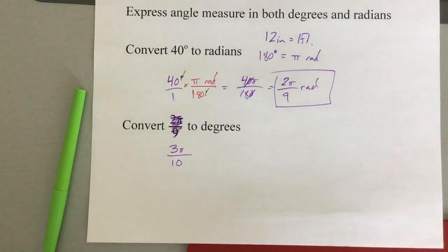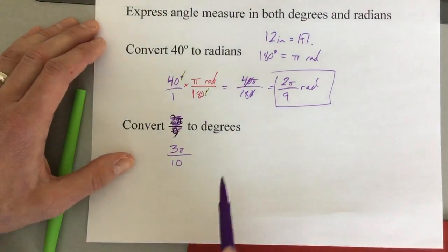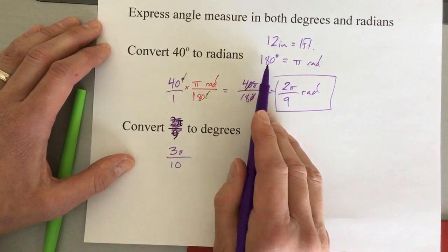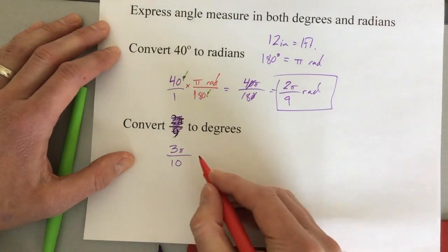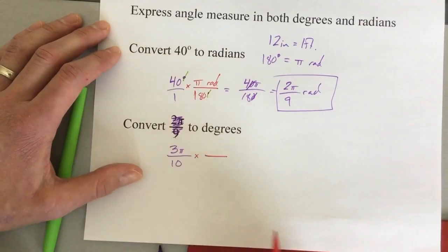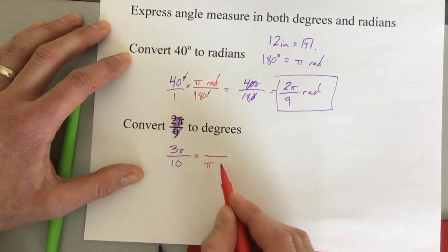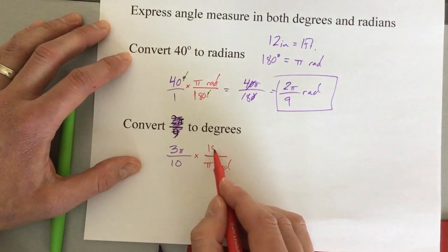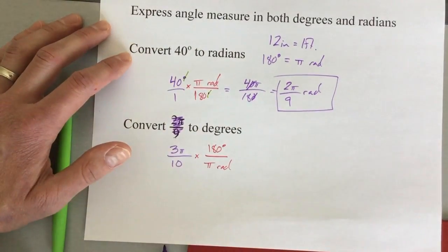Seems reasonable enough. To convert that from radians to degrees, we again use this conversion factor here. There's pi radians for every 180 degrees. So we'll multiply that by a conversion factor that will remove the unit of radians and apply the unit of degrees.